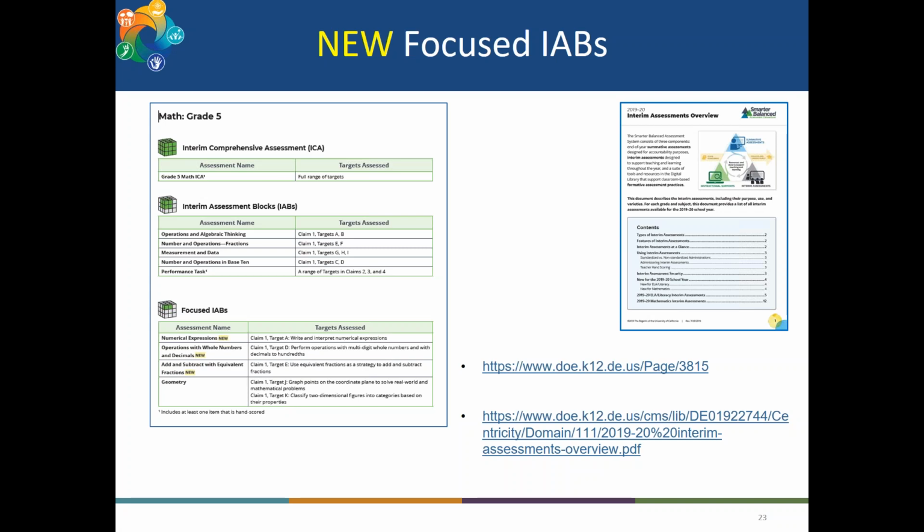You don't have to use all the IABs, but you select and use them strategically and have a clear purpose for why you're using the IABs or the focus IAB, which assesses one particular target. You can administer IABs after specific content has been covered in a classroom to validate the strengths or the weaknesses of the student. Instructional purposes.